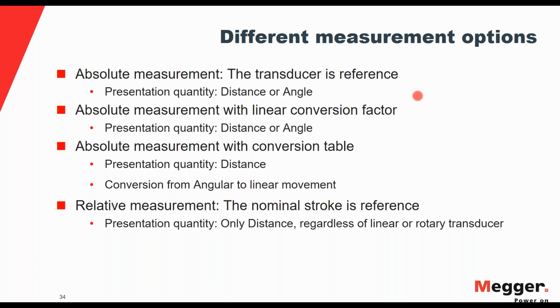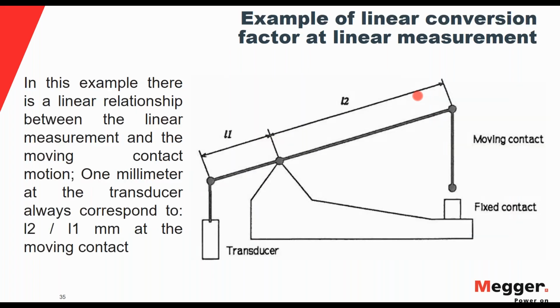So just to give you an example of this linear conversion or conversion tables, this is a very simplified example of a moving and fixed contact. Here I have a moving contact and a fixed contact. So these are my two circuit breaker interrupters. When this moving contact closes, my transducer will go up, and when it's open, my transducer will go down.